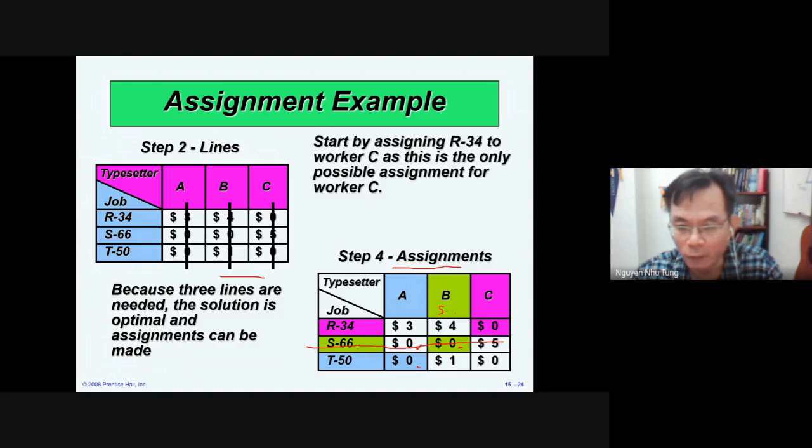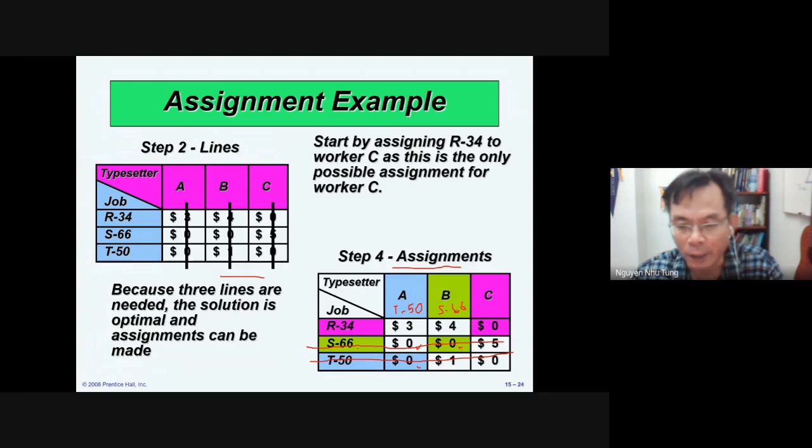Let's add it here. B does S66, and A does T50. After T50 has been assigned to A, you eliminate T50.